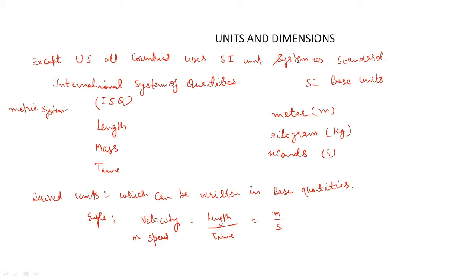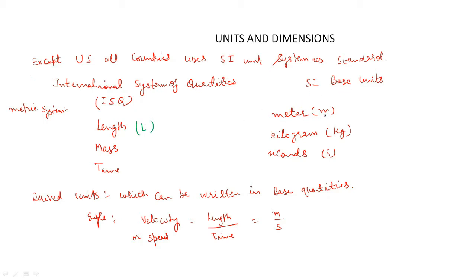Now in the international system of quantities, there are three basic physical quantities in the metric system, and those are length, mass and time. Length is represented by capital L and its SI unit is meter.